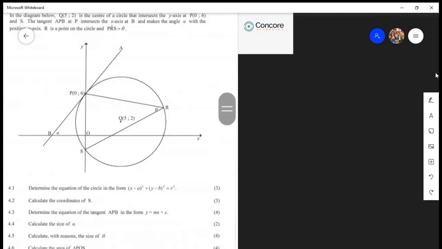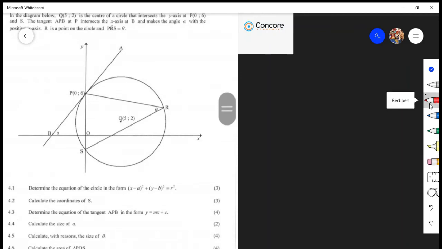Do you guys also know the cosine rule? Is there anyone who doesn't know the cosine rule? No. When you say no, do you not know it, or no, you know it? Okay, sharp.